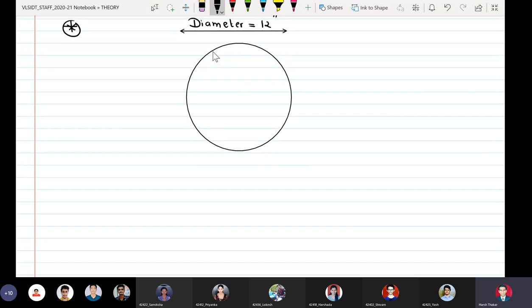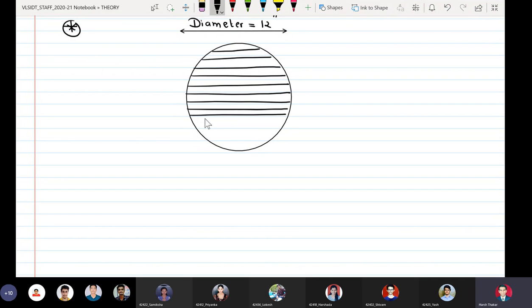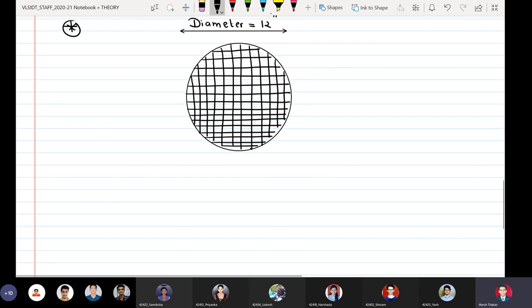This shape is cut into small squares, and a microprocessor is fabricated inside each square.